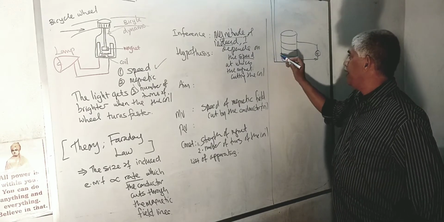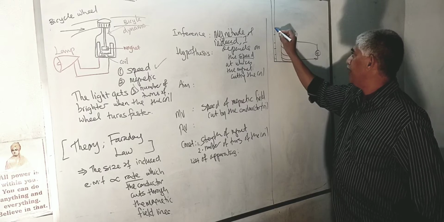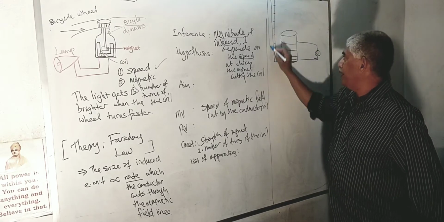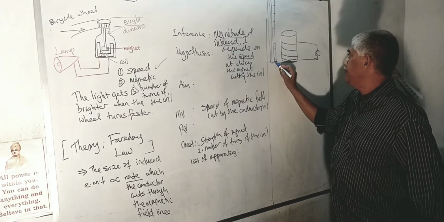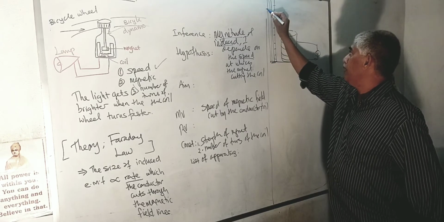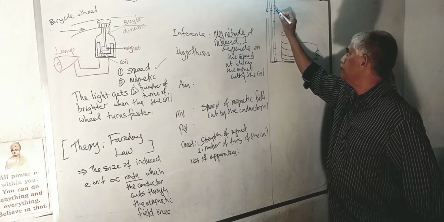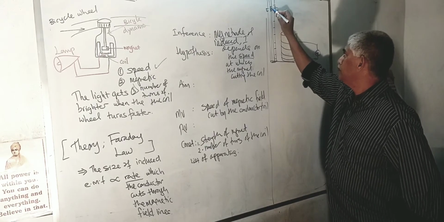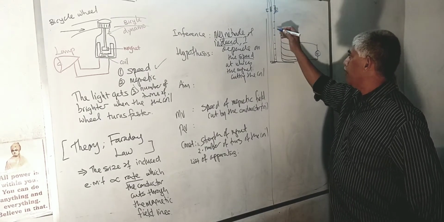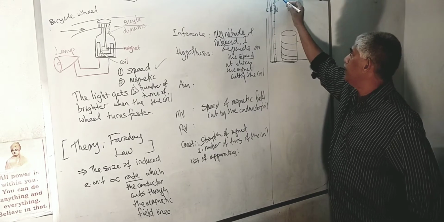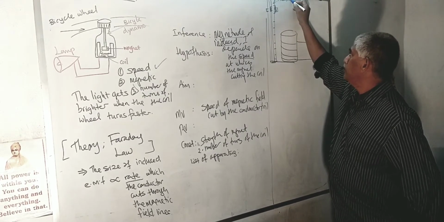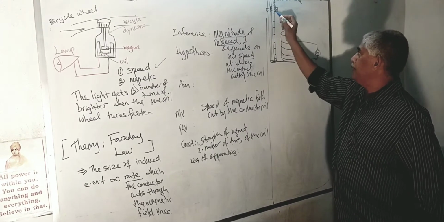Then here we can place a ruler in a retort stand. This is a ruler, or meter rule. This is a retort stand.